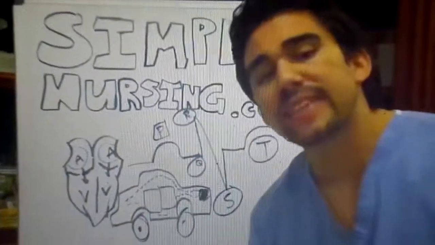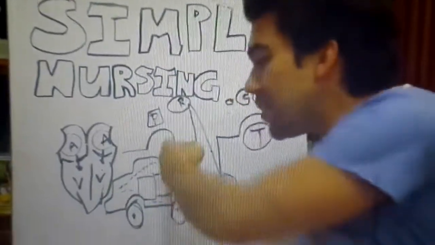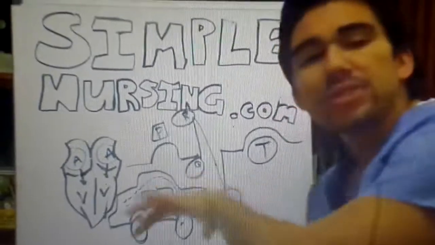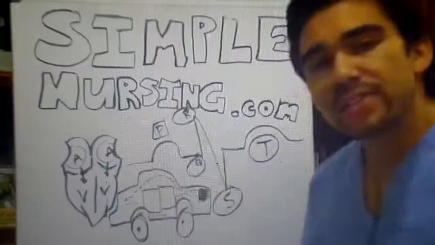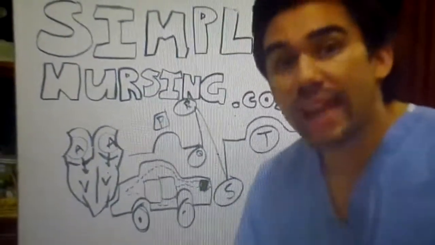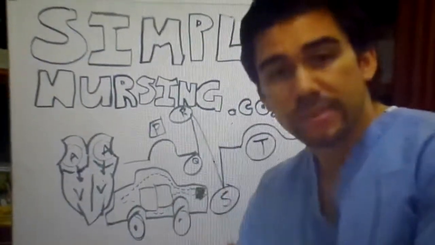So I talk about this as being your SA node, the big battery of the heart, going to the middle of the heart, which is your AV node, your backup battery, down to the pacemakers, the ventricular pacemakers of the heart. And we're going to go down to basically explaining what happens if there's a breakdown in these systems.